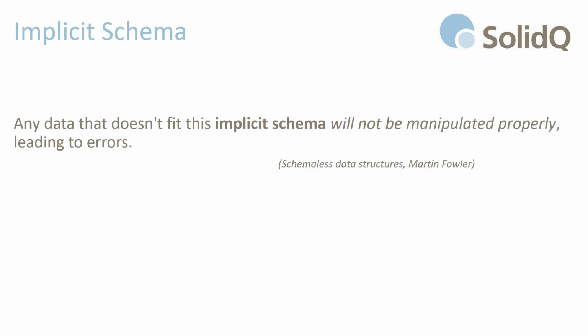And actually, this is not something I just came up with overnight. The need of having a schema, or more in general, the idea of having a schema, is something that even Martin Fowler, one of the most well-known people in architectural design and programming, talks about: any data that doesn't fit into an implicit schema will not be manipulated properly, leading to errors.